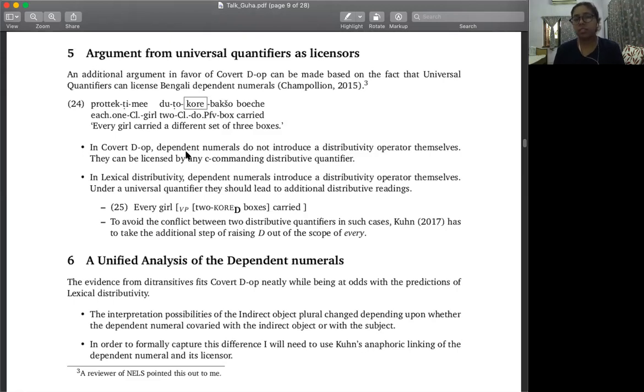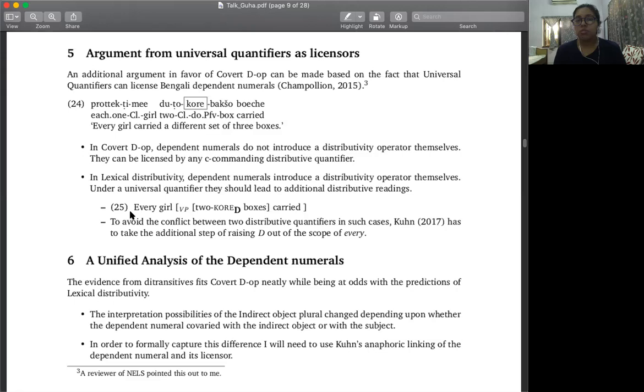But in lexical distributivity, dependent numerals introduce a distributivity operator themselves. So under a universal quantifier licensor, as in 24, a lexical distributivity analysis should lead to additional distributive readings. That's what 25 shows, because we have two distributive quantifiers.